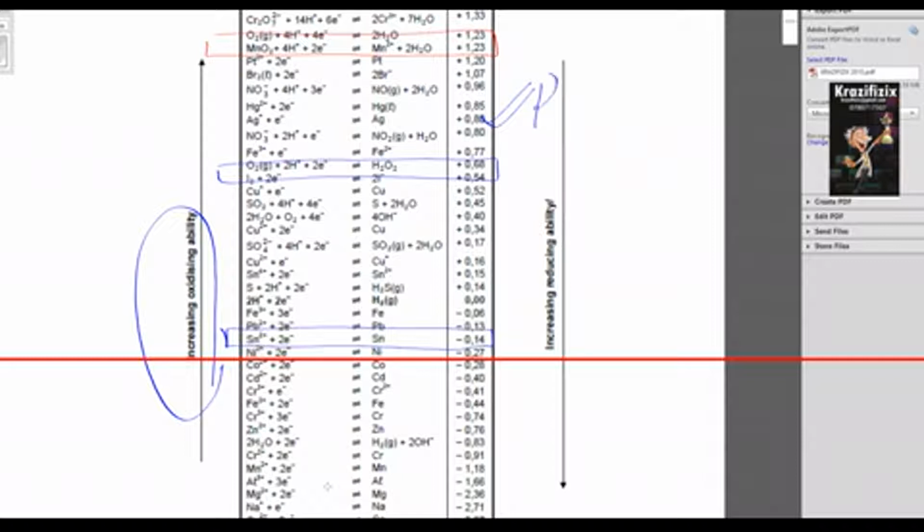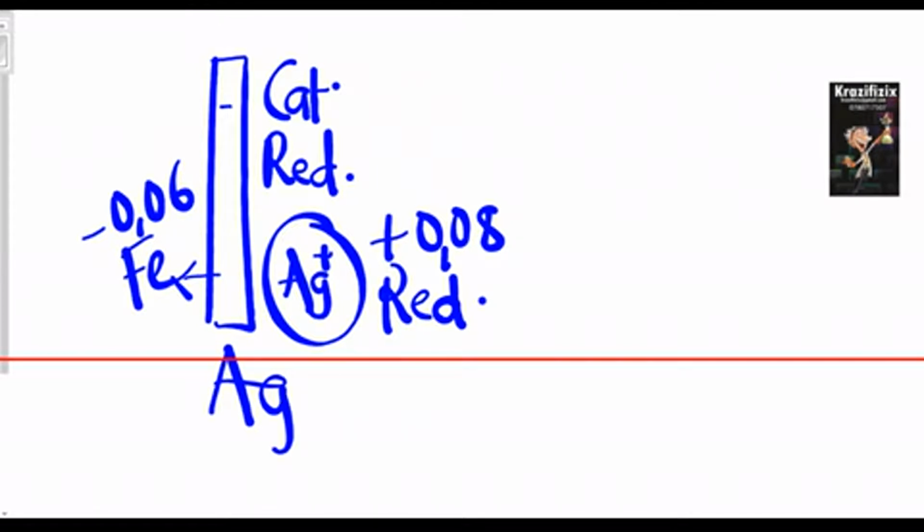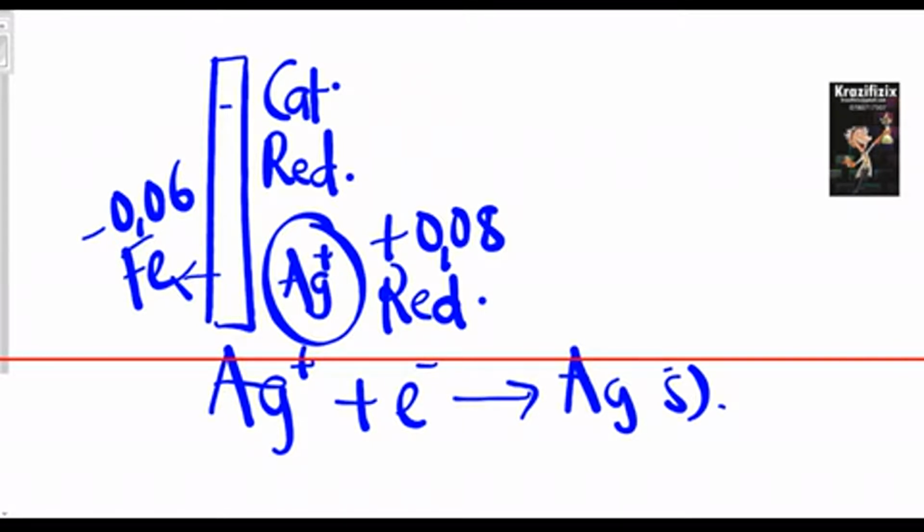Therefore, it will be reduced. Remember, we are at the cathode, and what happens at the cathode? Reduction takes place. So since this will be reduced, we're going to have Ag+ gaining an electron to become silver solid, and that's what we want, a solid material. Remember, this is aqueous. So our experiment actually works well.